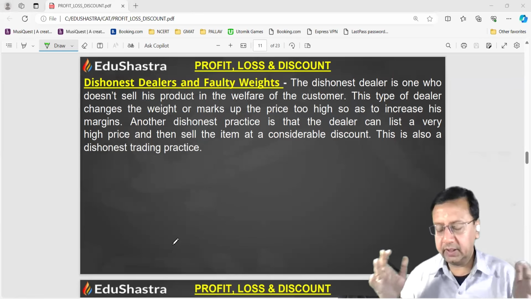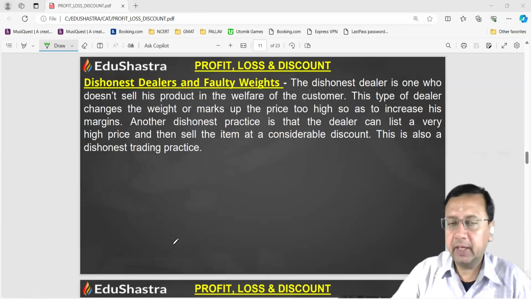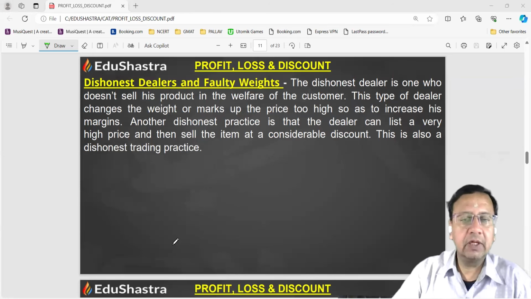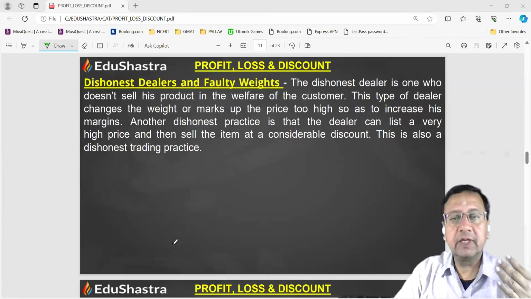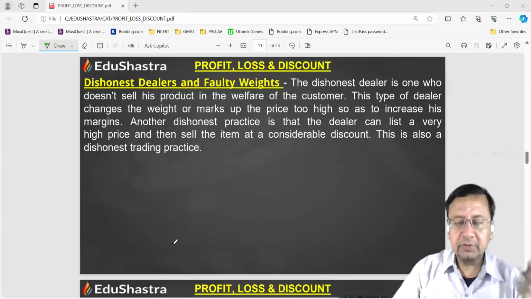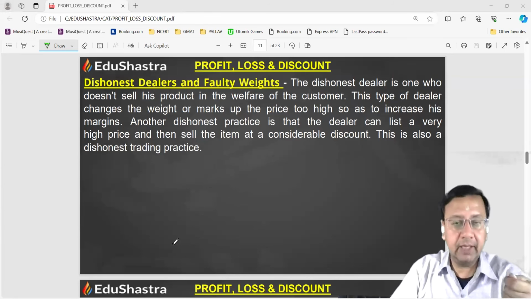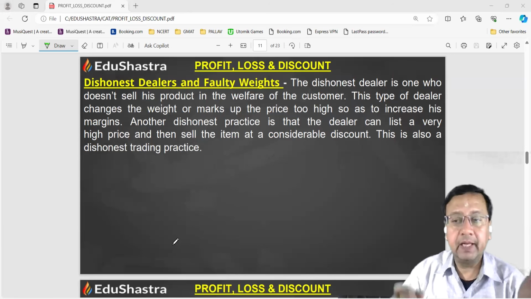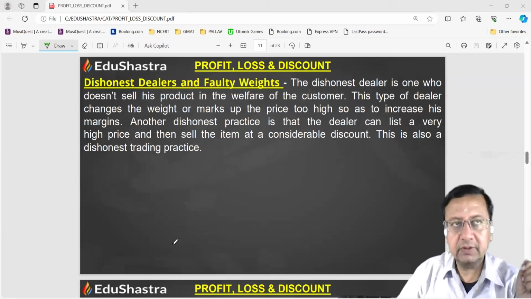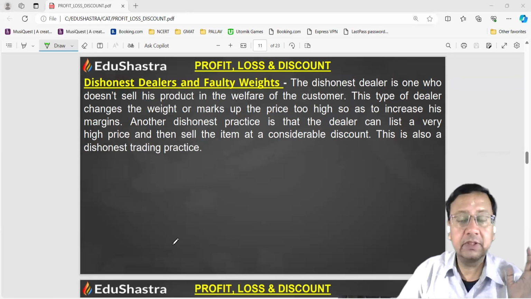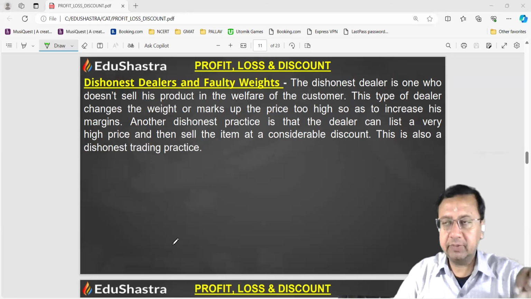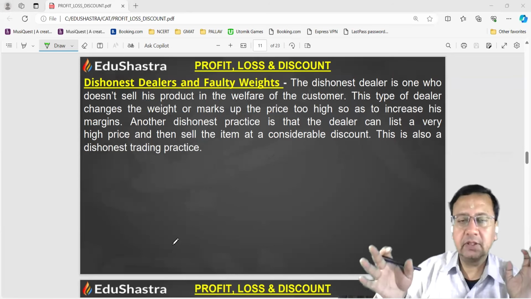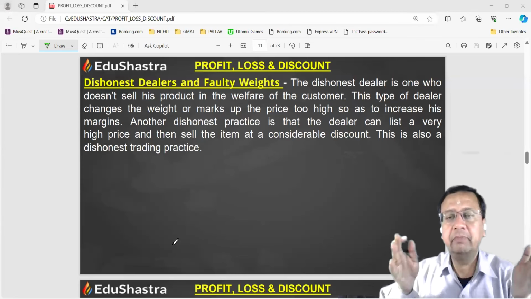When we go into the market, we see different types of weighing machines. One is the spring balance, which you must have seen with vendors dealing in gas cylinders, who hang the product and weigh it. Second is the pan balance, used by grocery shops or vegetable merchants. In one pan they put a weight, maybe 1 kg or 2 kg, and in the other they put the grocery or vegetables to balance out.